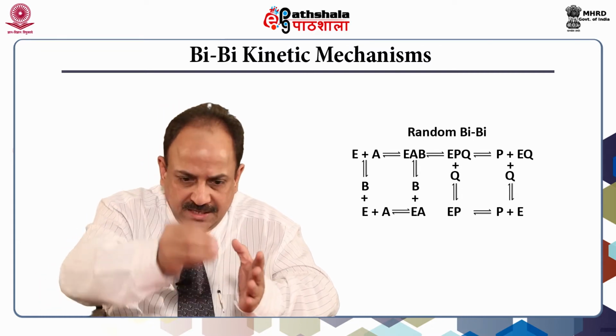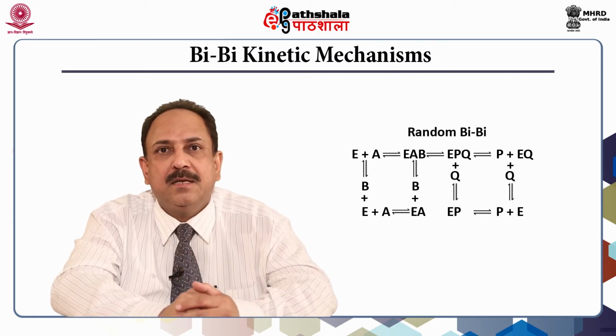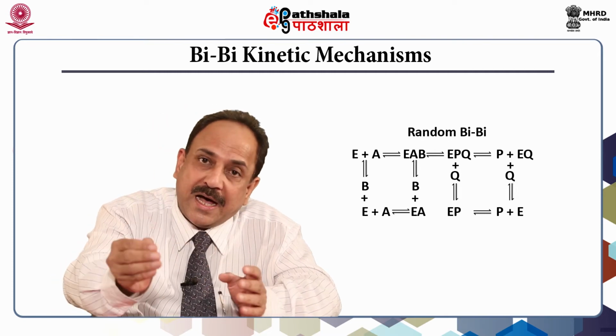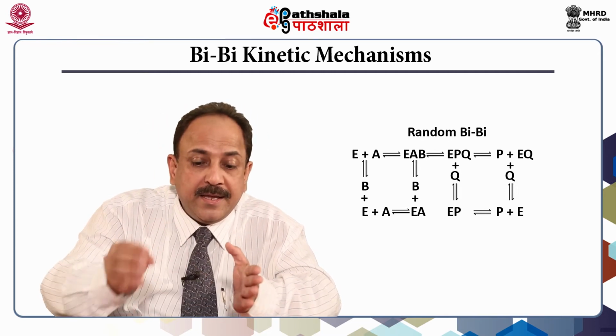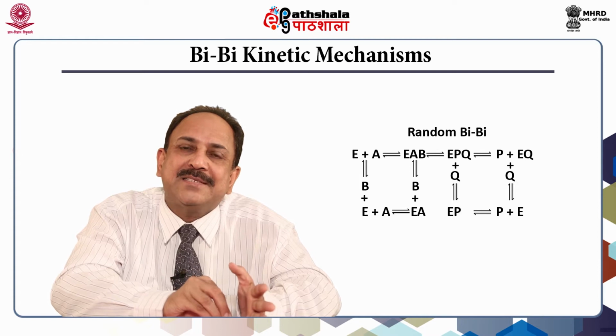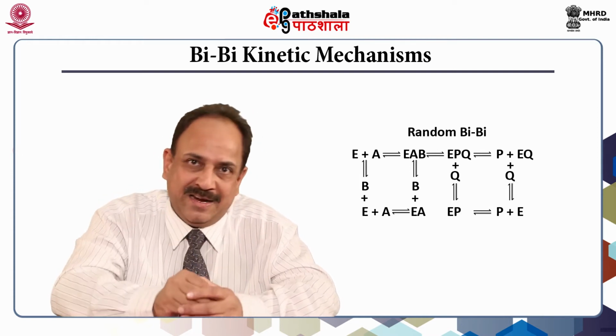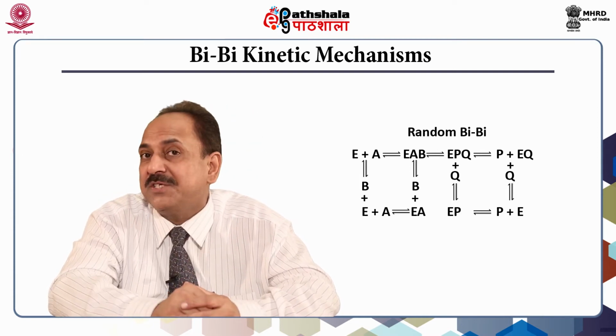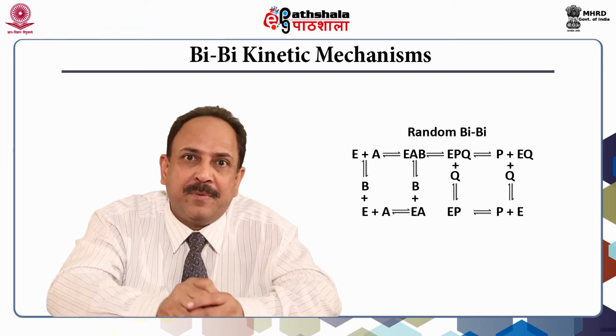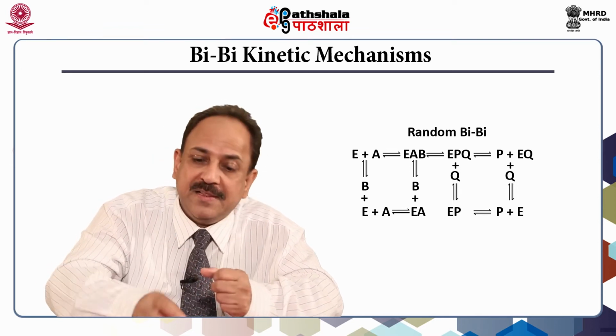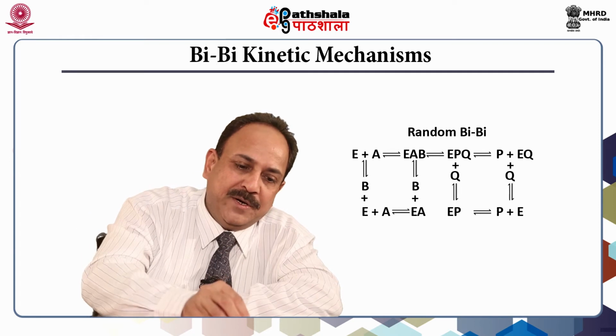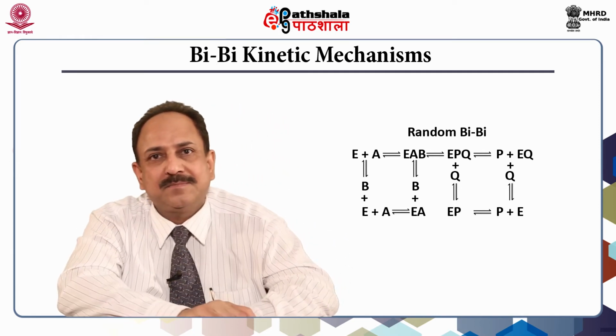When B enters, it forms the EB complex. After the formation of either EA or EB, B will enter the EA complex and A will enter the EB complex. With the formation of the EAB complex, it will then pass through the transition state to produce the EPQ complex.